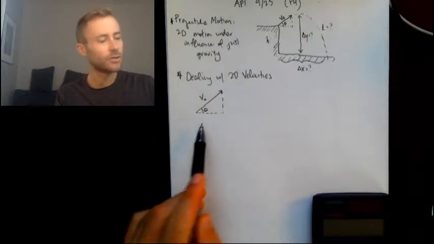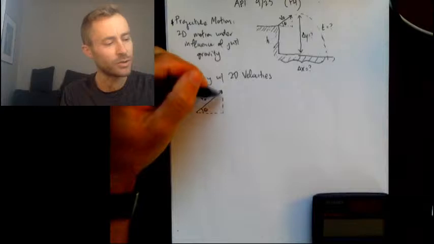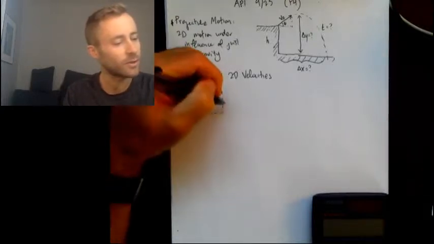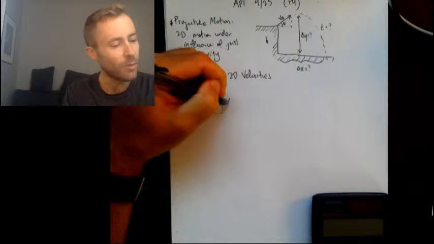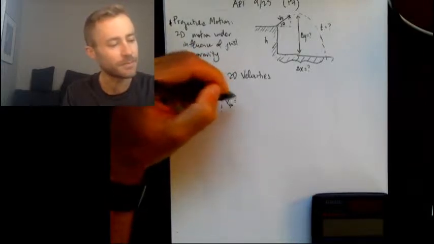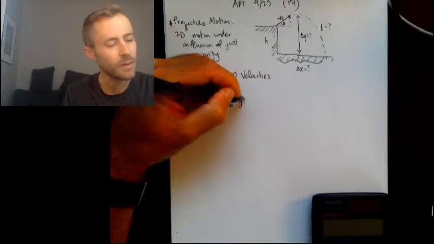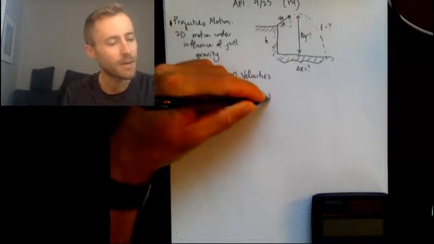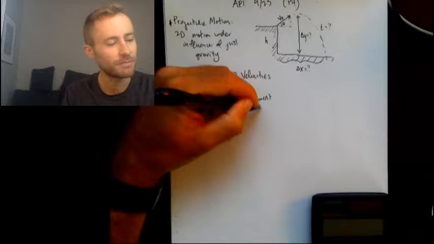Okay, so the amount of the motion that is up and down, the amount of the velocity that is up and down is called v y naught. So that's the y component of the velocity.